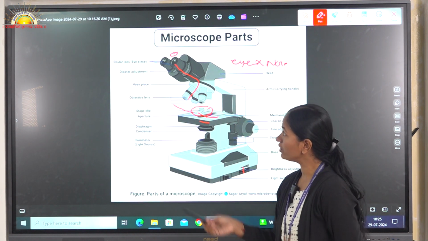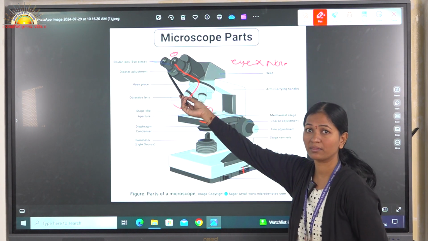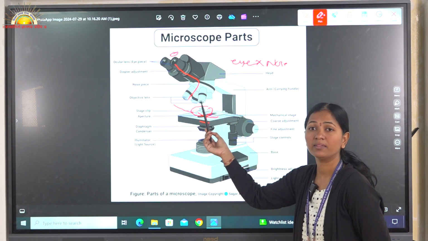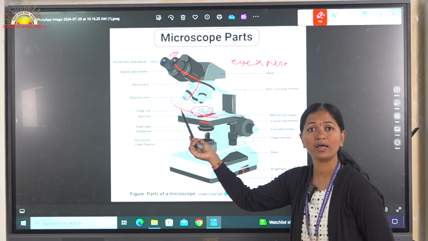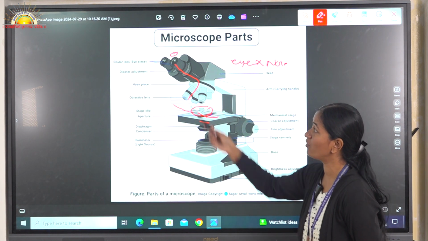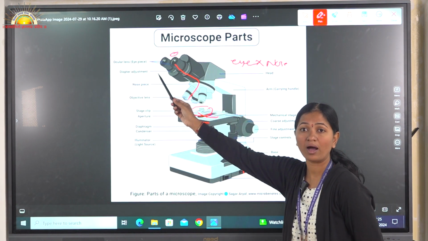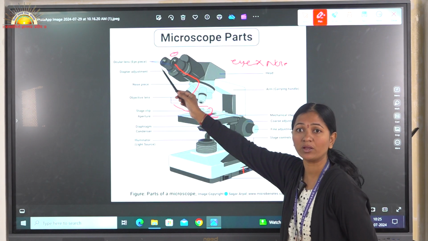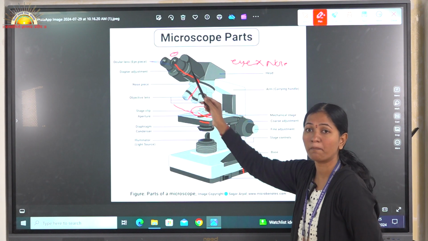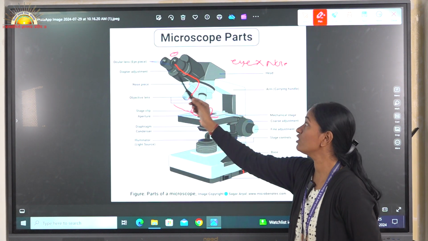Suppose my eyepiece is 10x and I use an objective lens of 10x, then my image is enlarged by 100 times. Whenever we look through the ocular lens, we observe the virtual image, not the real image; it is enlarged due to the magnification power of this microscope.